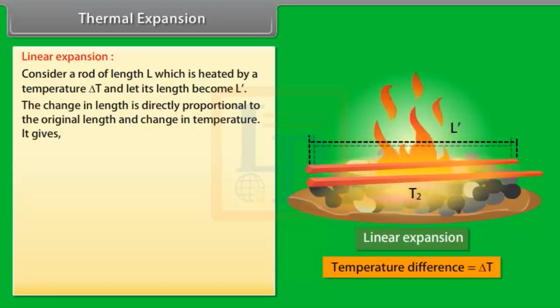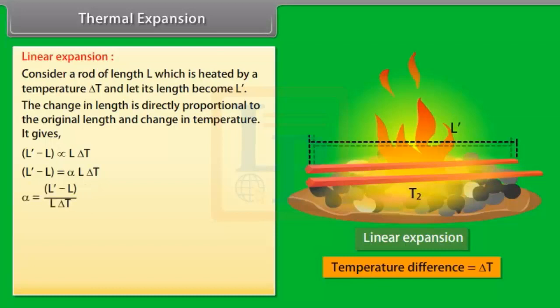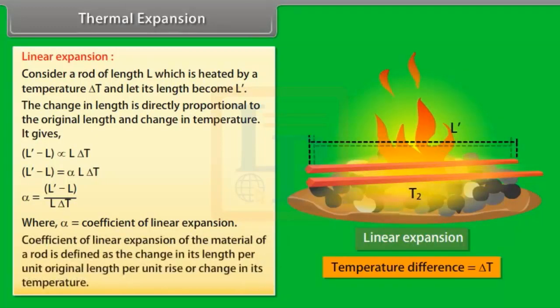It gives L dash minus L is directly proportional to L delta T, or L dash minus L is equal to alpha L delta T. The value of alpha is equal to (L dash minus L) upon L delta T, where alpha is the coefficient of linear expansion. Coefficient of linear expansion of the material of a rod is defined as the change in its length per unit original length per unit rise in its temperature.